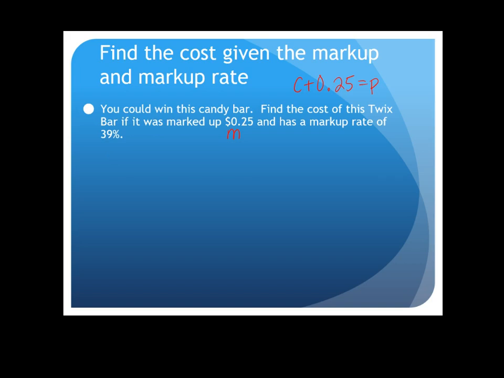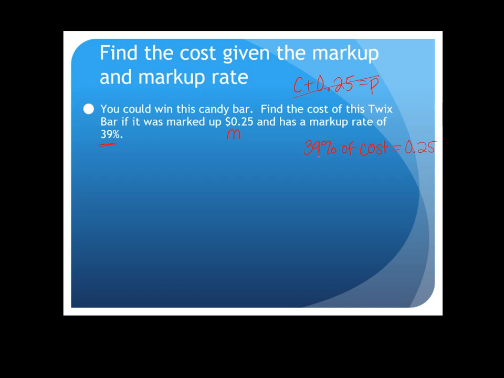When I found the markup rate to be 39%, that means it's 39% of the original cost, right? So 39% of the cost, when I did that, I get the markup amount, which was 25 cents. So I need to figure out the cost. I'm not actually going to be using that formula. I'm going to use this instead.